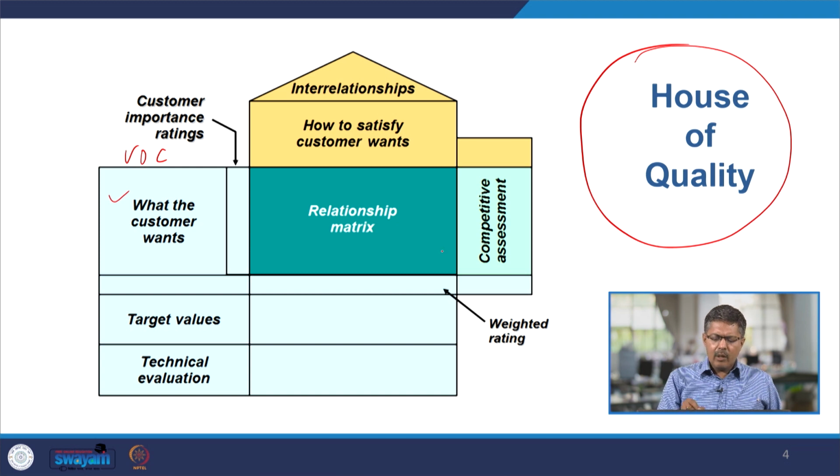Then we assess the competitors' position in the market in terms of what the customer wants. For example, the customer might give you certain requirements, so in those requirements, how do we fare in comparison to our competitors? That is what is done here. This is the point where we talk about target values.